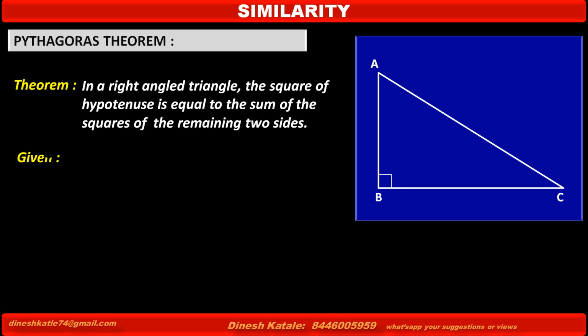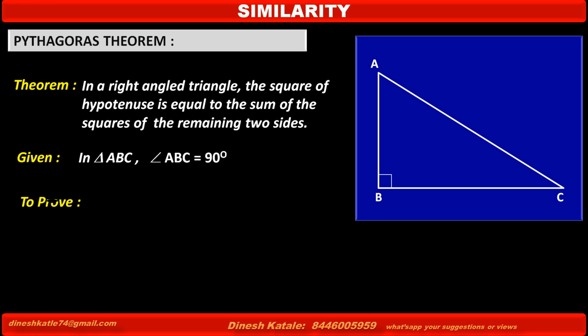First we have to write the given. As we have drawn one triangle ABC which is right angled at point B, the statement of our given is, in triangle ABC, angle ABC is equal to 90, meaning the angle at point B is a right angle.